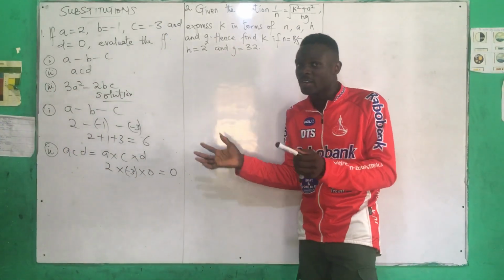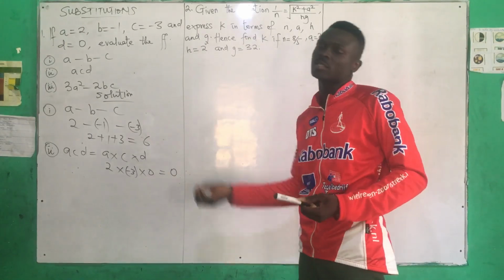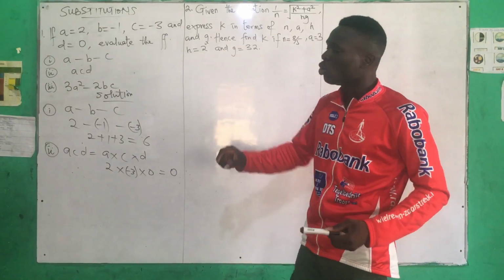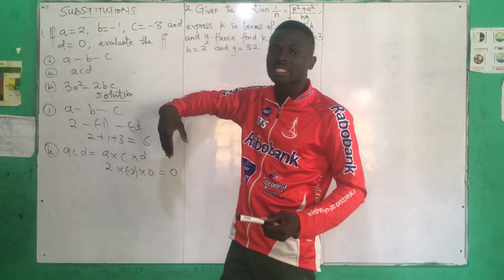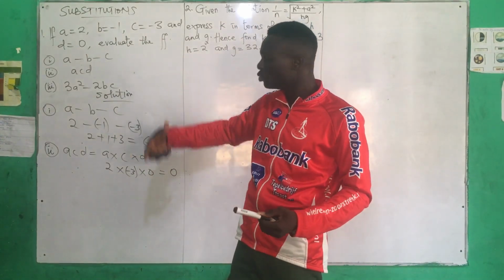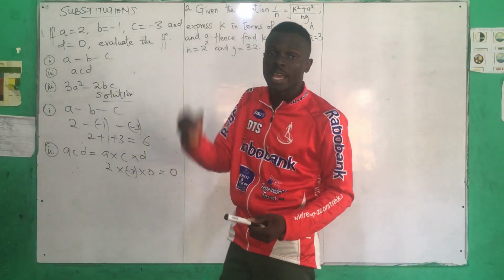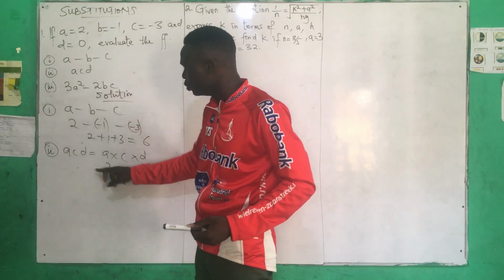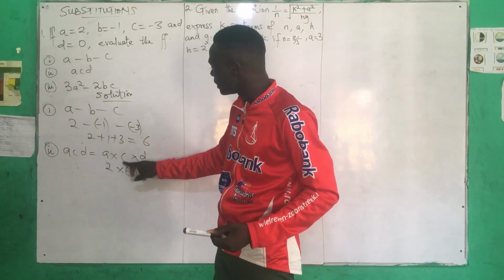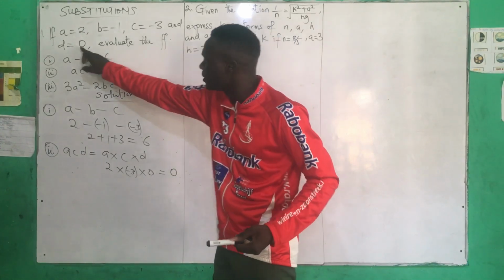So you see, this is very, very simple. Because when it comes to the substitution, you are replacing letters with numbers. So based on the given number, you replace the letter that it has been equated to. So ACD means A times C times D. And A from the question is 2, C from the question is negative 3, and D from the question is 0.